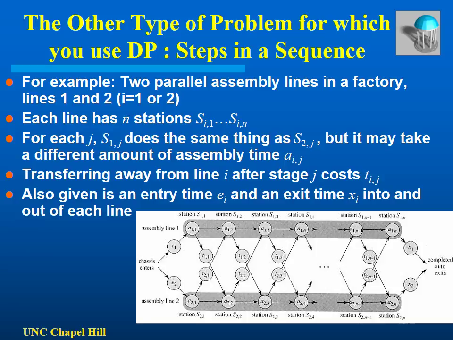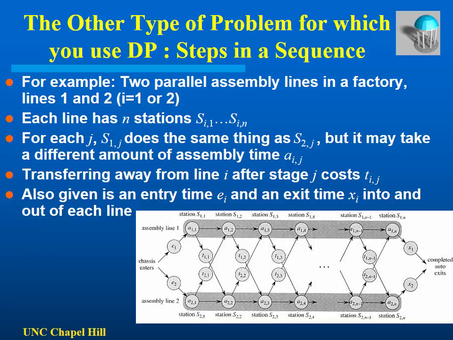Each line will have the same number of stations n, and we'll name the stations of the first line S sub 1,1, S sub 1,2, to S sub 1,n. Similarly, the second line will have the same n stations, or will do the same tasks, but those stations will be named S sub 2,1, S sub 2,2, up to S sub 2,n.